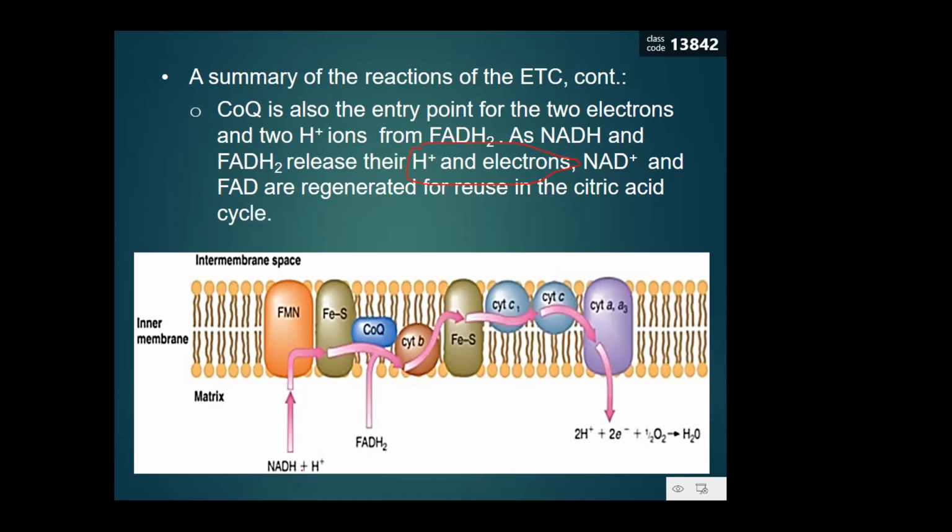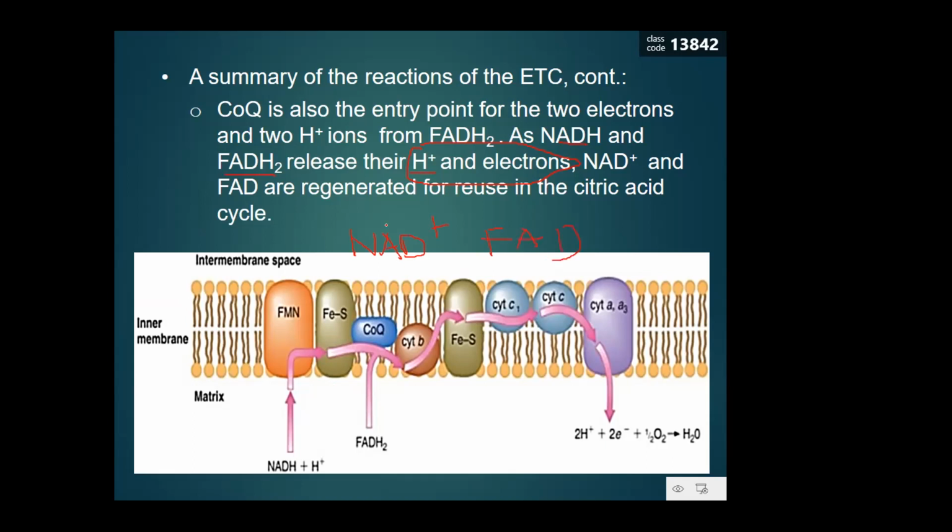Okay? Yung NAD+ and FAD na merong kasamang hydrogen kanina, di ba? NADH sila, saka FADH2. Marirelease yung hydrogen nila. So kapag na-release yung hydrogen nila, magiging NAD+ na ulit sila, di ba? NAD+, saka FAD.